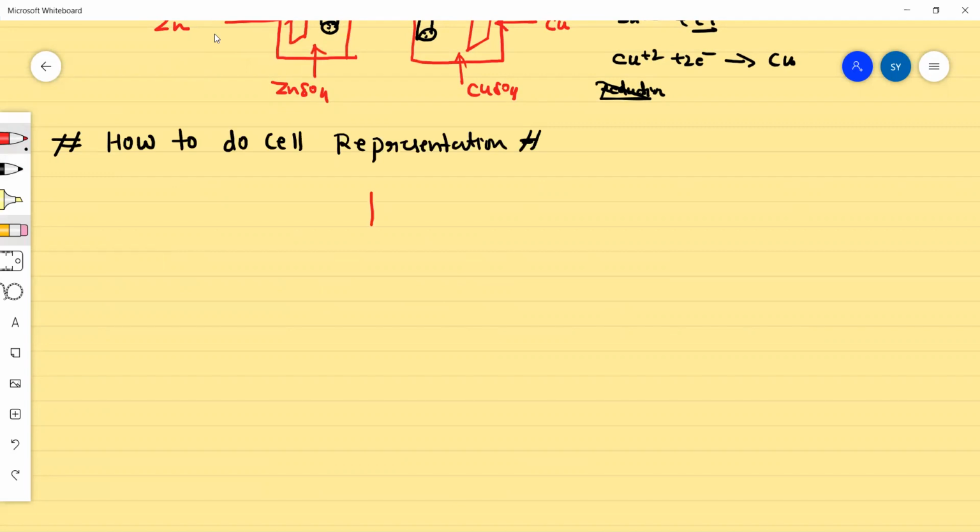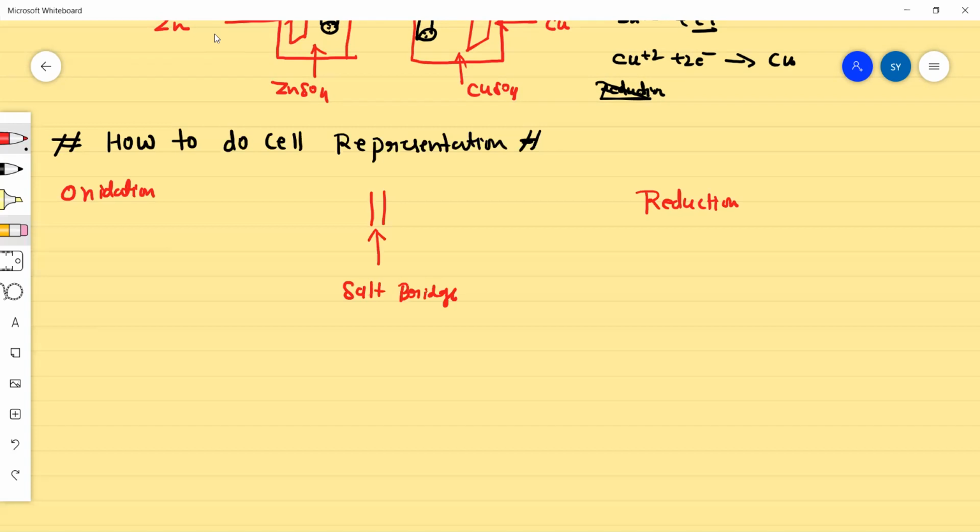On the right-hand side there is reduction happening, and on the left-hand side there is oxidation happening. Whatever electrode is placed on the right-hand side, you need to consider to be undergoing reduction. And this double vertical line means this is the salt bridge.